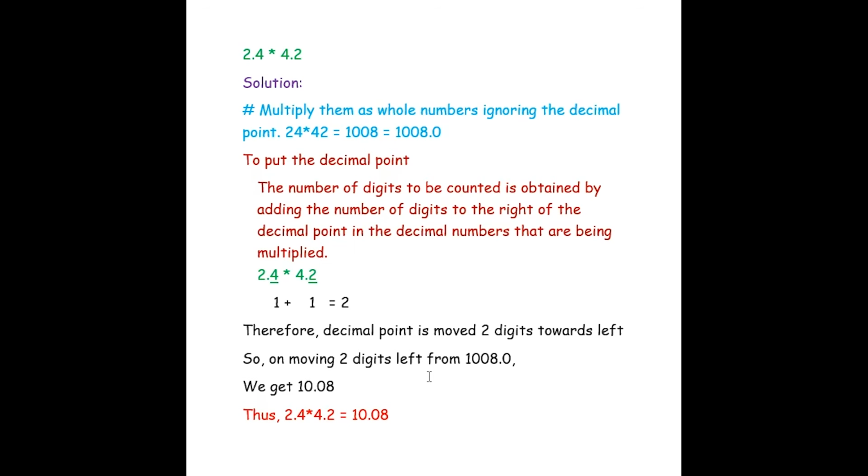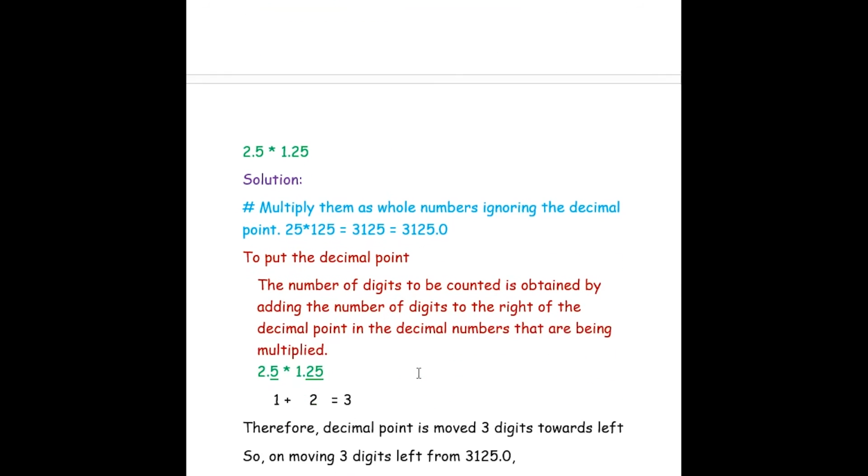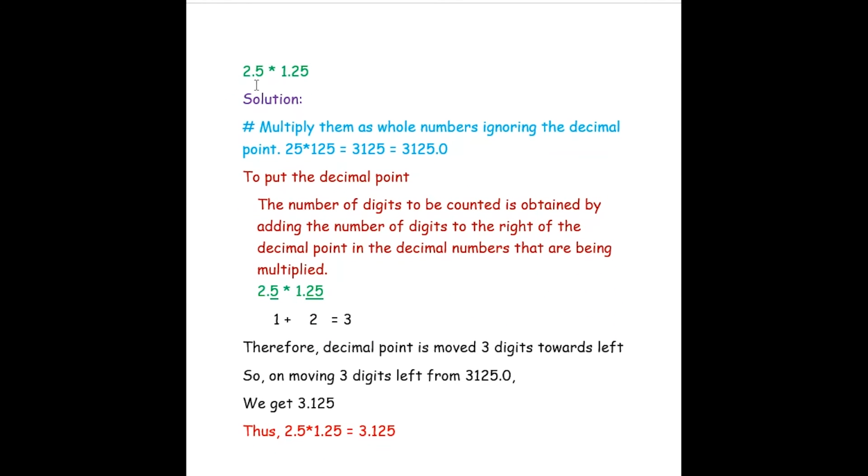On moving 2 digits towards the left from 1008.0, here it is 1, here it is 1, so we will get 10.08. Thus 2.4 into 4.2 is 10.08.